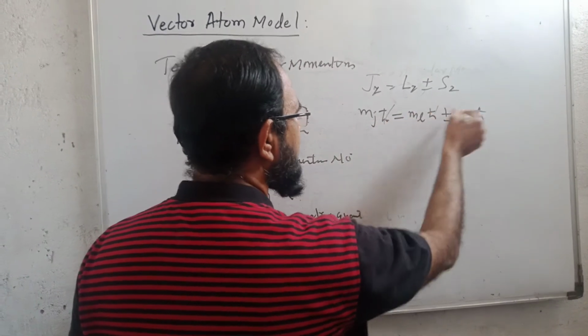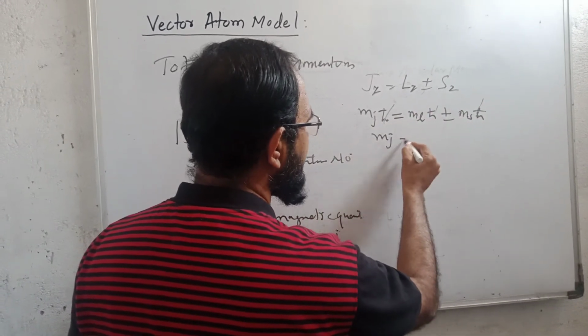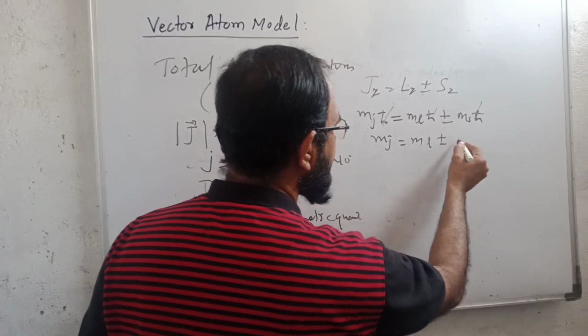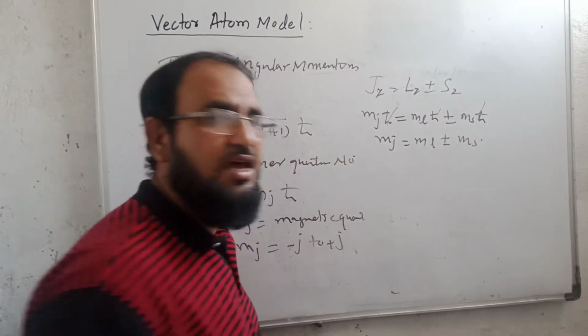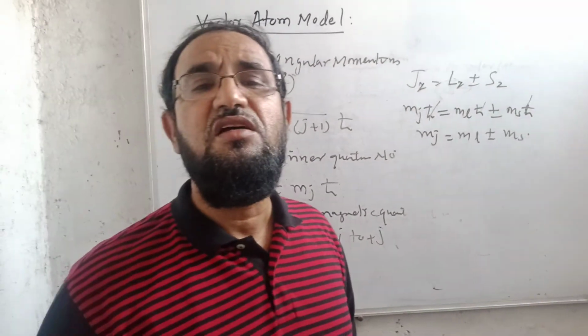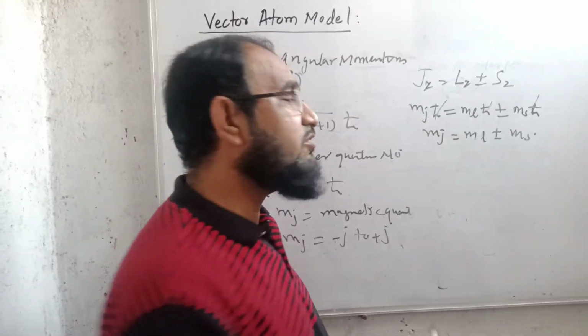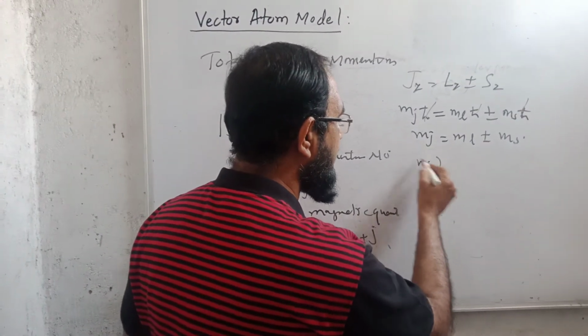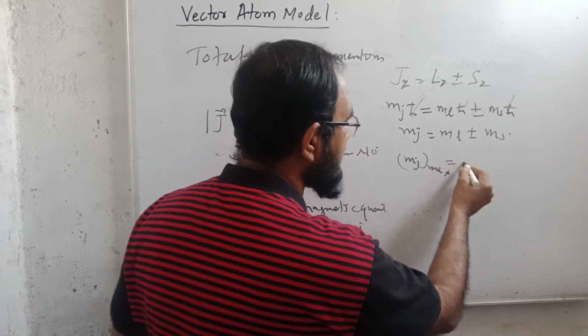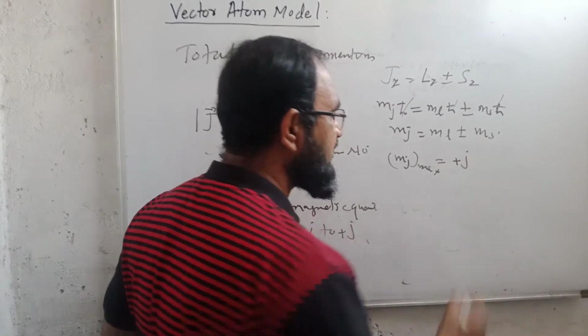This h cross gets cancelled, so mj is equal to ml plus minus ms. The maximum value of mj is equal to plus j.